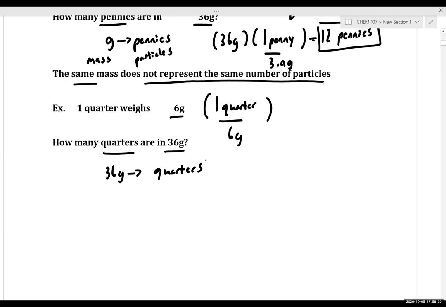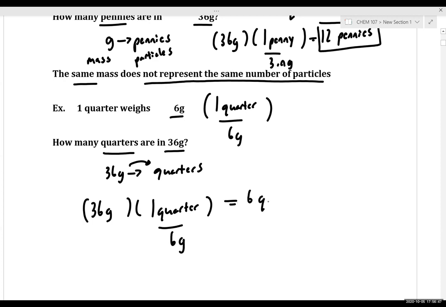Just intuitive. 6, exactly. So to show this, if I'm going from grams to quarters, I put quarters on top. So I have 1 quarter per 6 grams, and that in turn gives us 6 quarters.